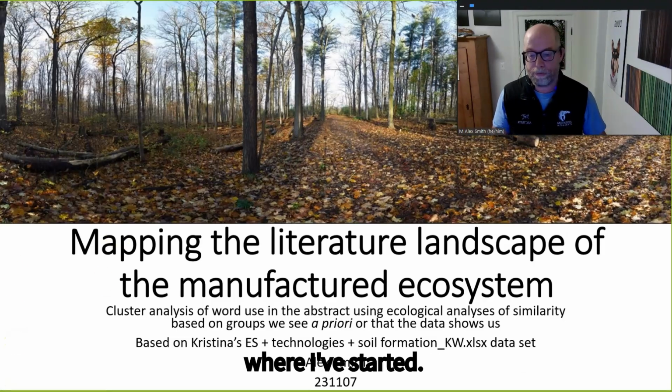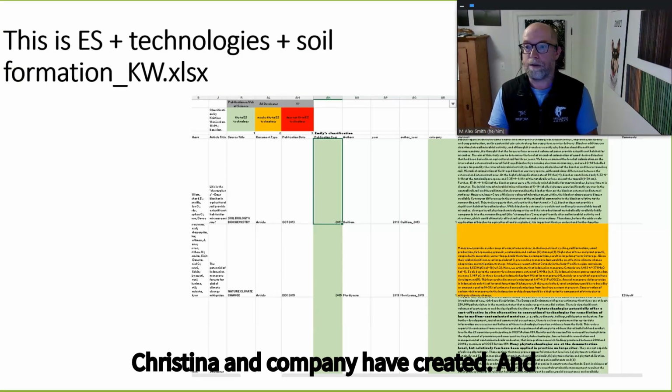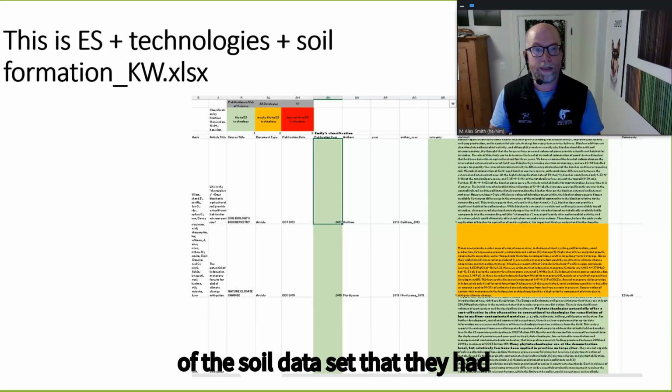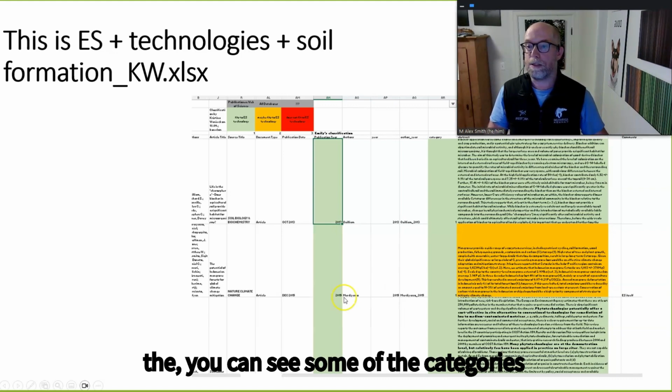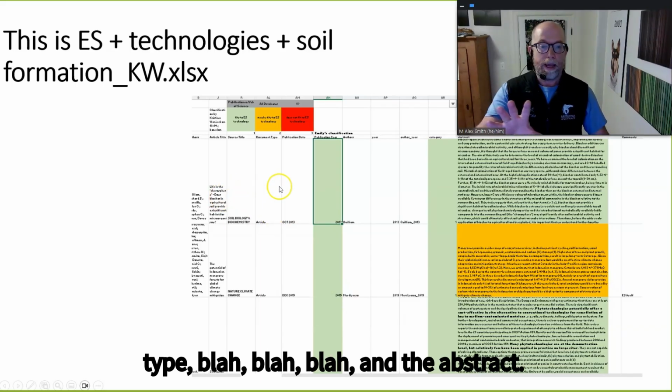This is where I've started, with this amazing data set that Christina and company have created. What you're looking at here is a subset of the soil data set that they had codified. You can see some of the categories here: the source title, the document type, and the abstract.